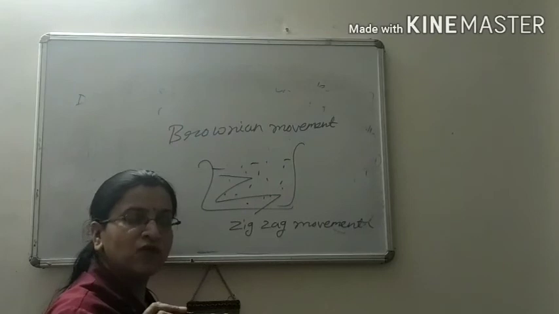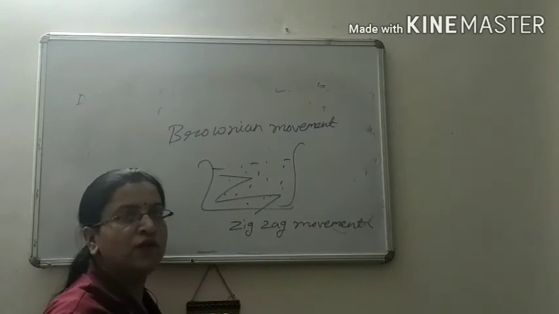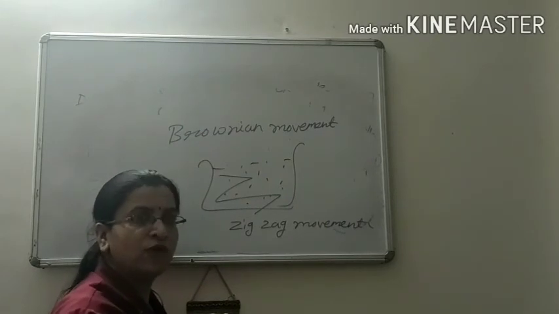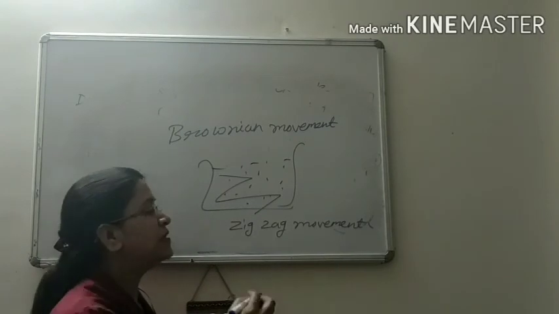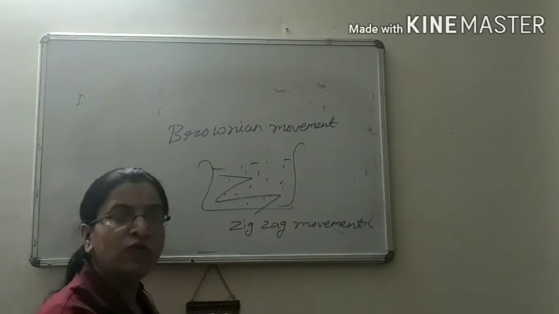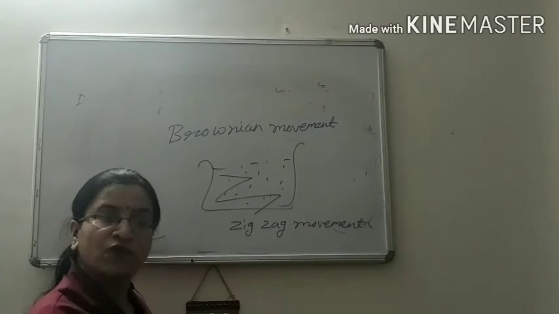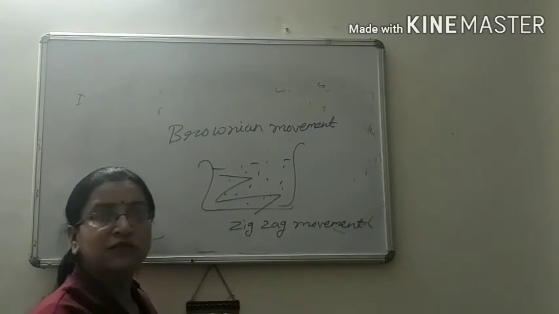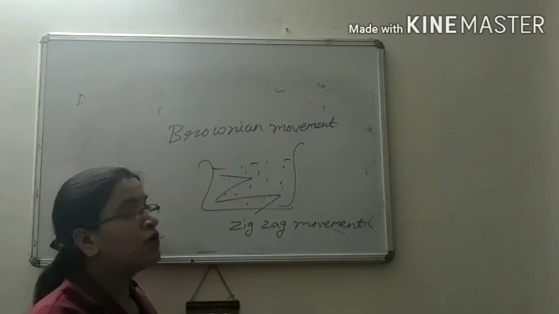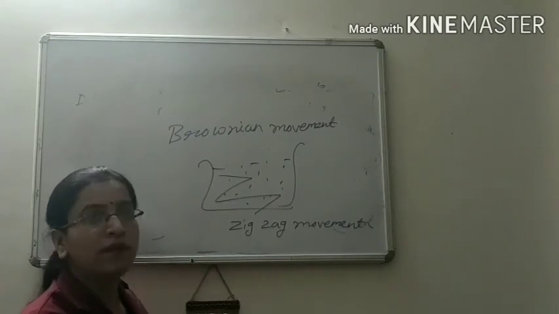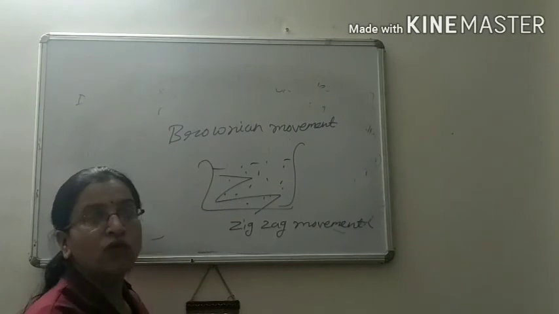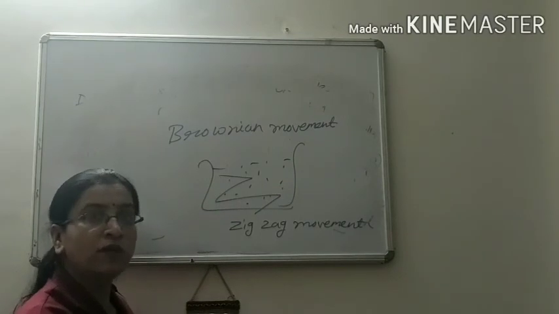If you keep this colloidal solution undisturbed for some time, it remains as before. It means it is stable. So, why is it stable? The answer is due to Brownian movement or zigzag movement. So, what is Brownian motion? The zigzag movement of colloidal particles in a colloidal solution is called Brownian movement. So, colloidal solution shows Brownian movement.